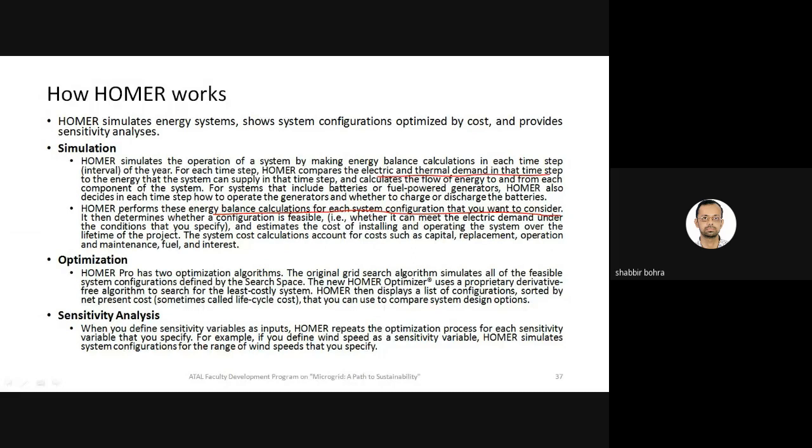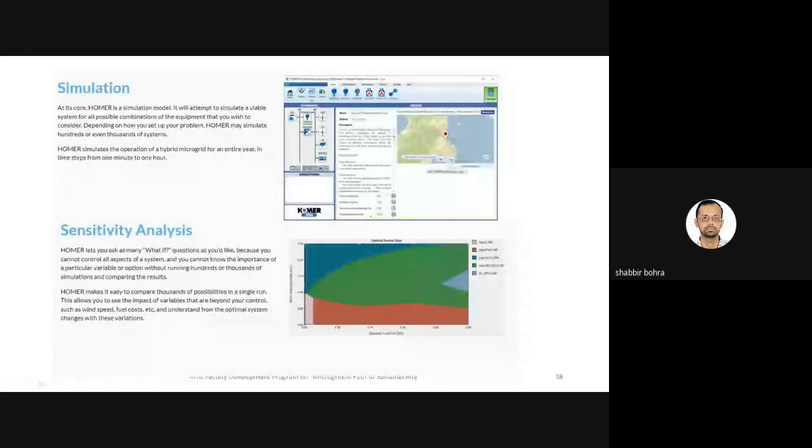If there would be a deviation from a given parameter, say the diesel price, which fluctuates on a daily basis, that can also be handled. Wind is also changing, irradiation is also changing. So if there is a change of plus or minus 5% or 10%, that comes under the sensitivity analysis. I have just taken these snaps from the Homer site itself.